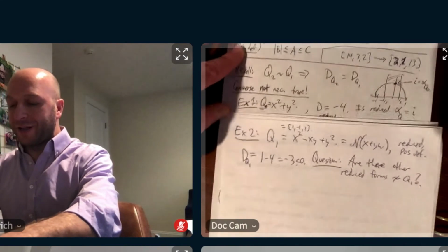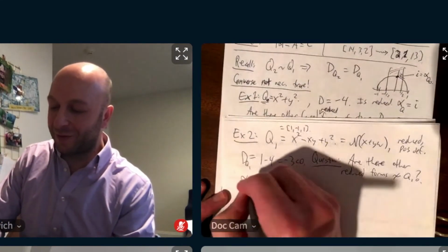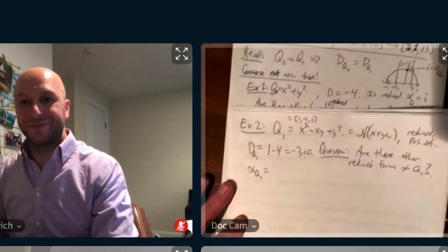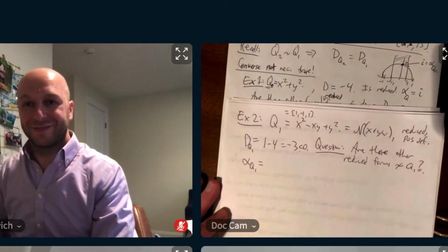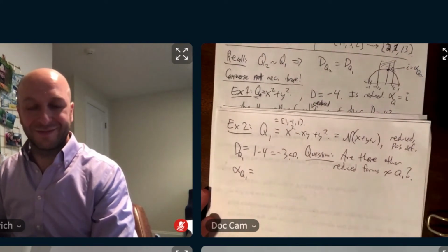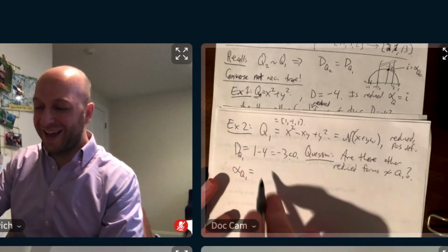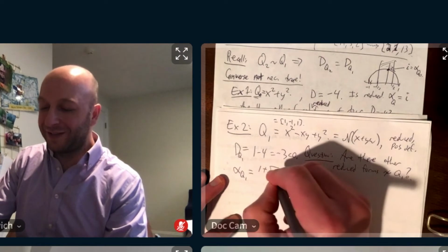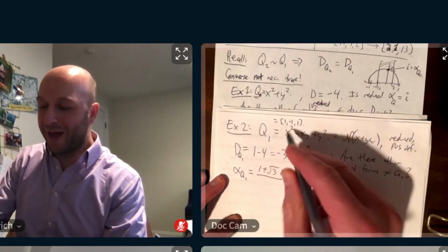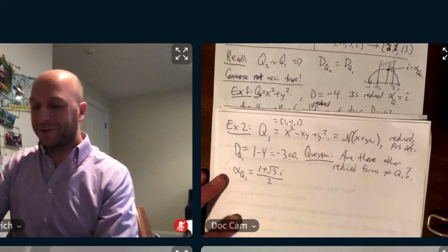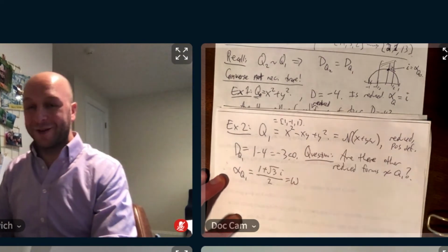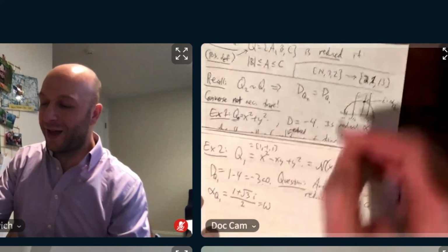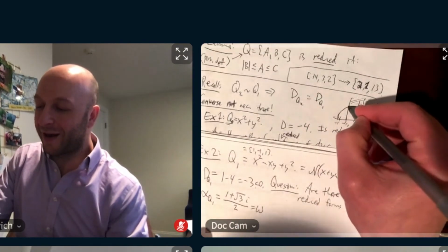By the way, what's this root? What's alpha of Q1? You guys see that? Negative b plus or minus square root D over 2a, also known as the cube root of unity, which, by the way, is right there.